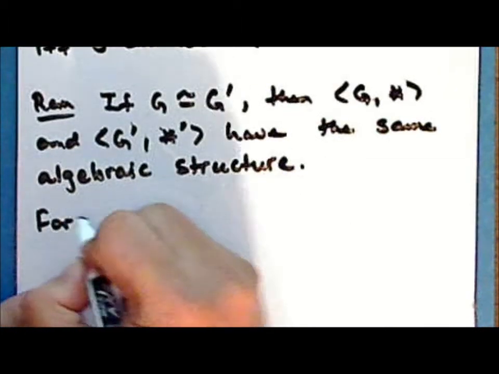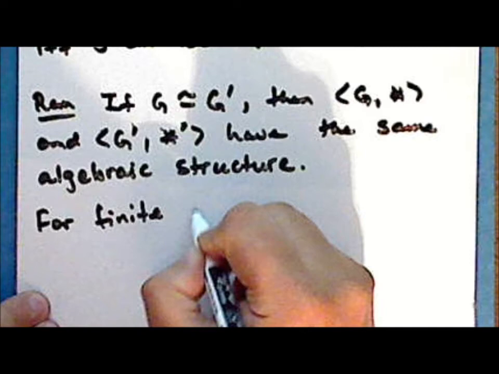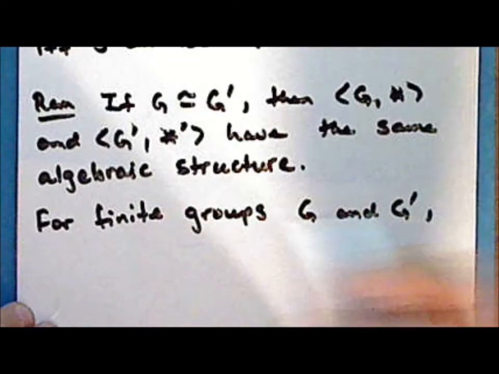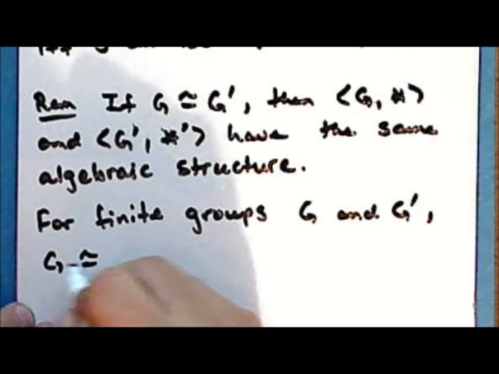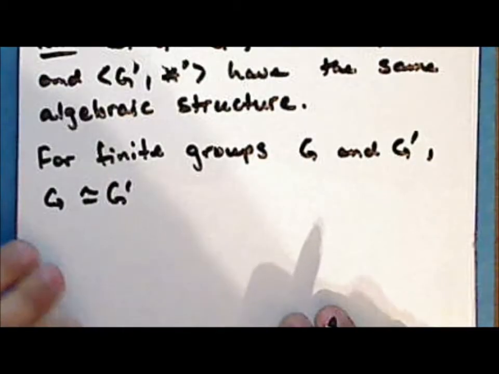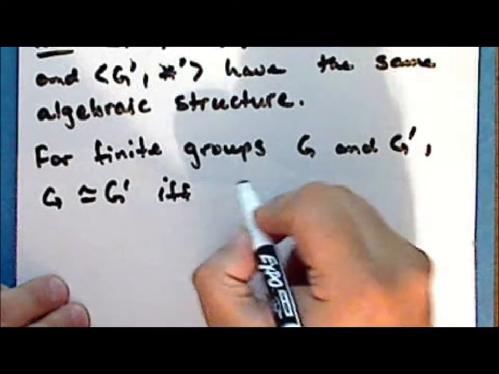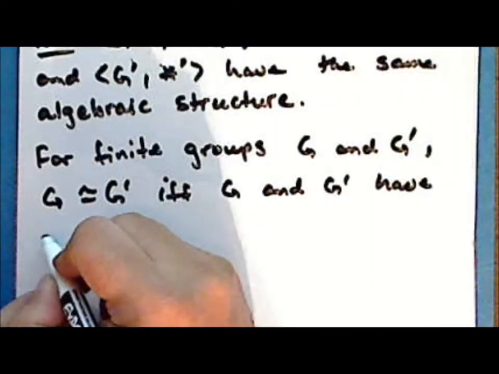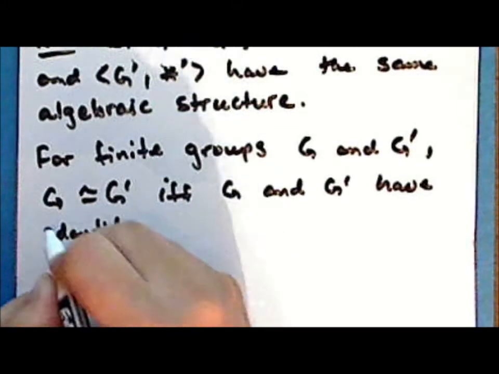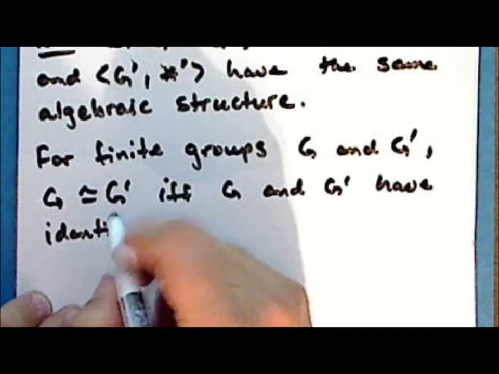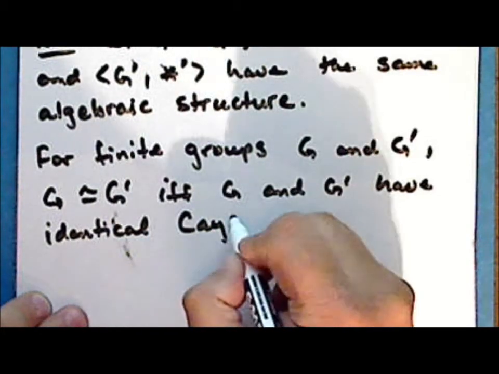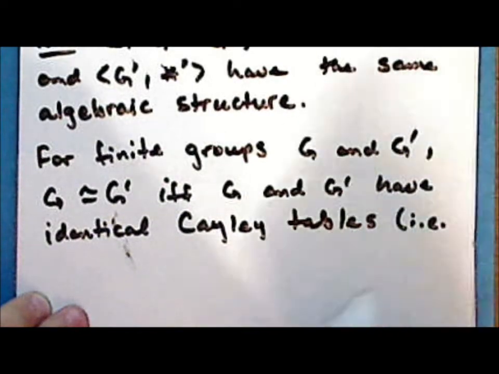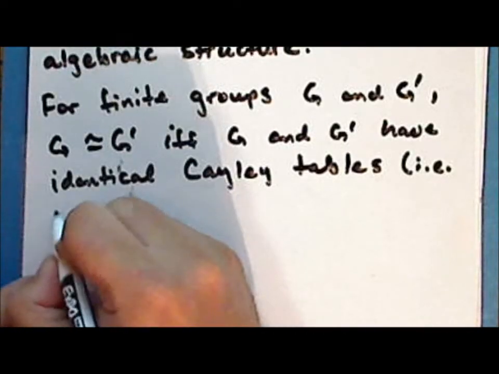And for finite groups G and G prime, the group G is isomorphic to the group G prime if and only if the groups G and G prime have identical Cayley tables, and this is what we call a multiplication table for a finite group.